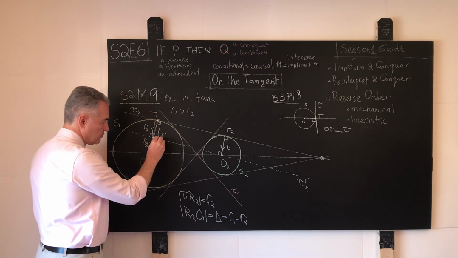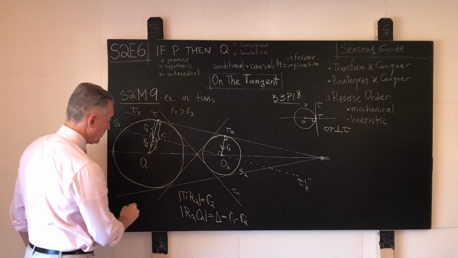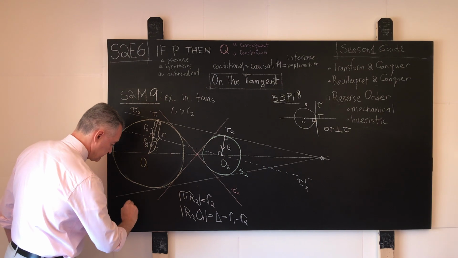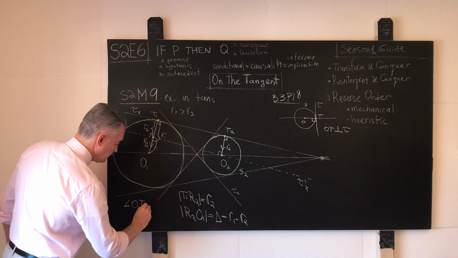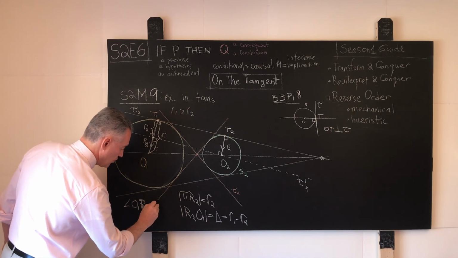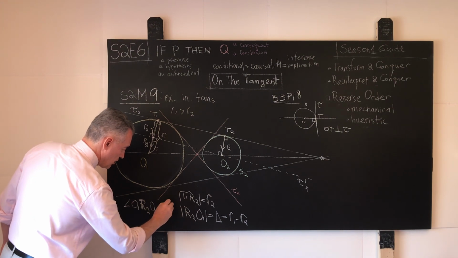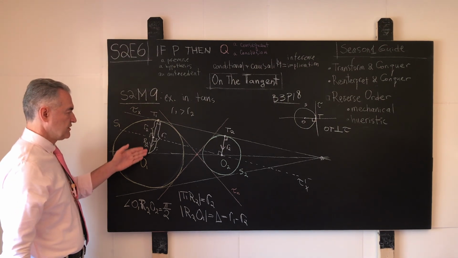That means the angle over here, let's write it down, the angle O1 R2 O2 is right. Pi over 2 radians, this angle is right.